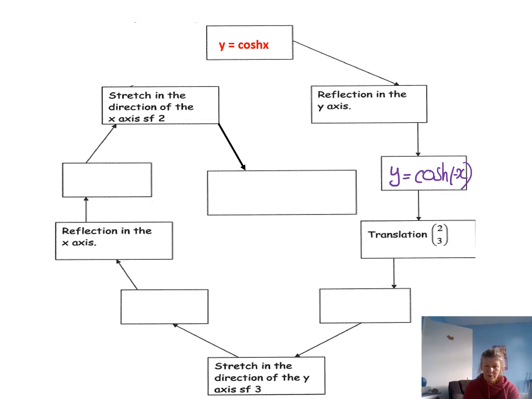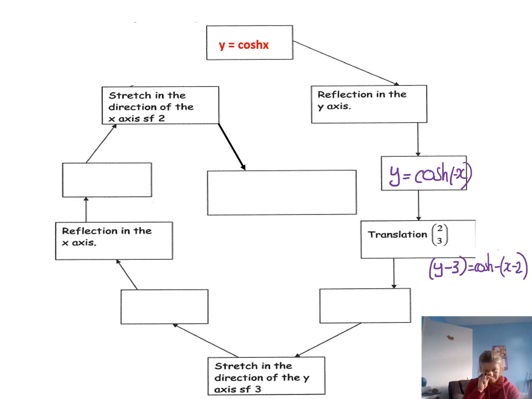So what would be next if I translate that by 2, 3? It's 2 in the x, and 3 in the y. So it becomes y take 3 equals cosh. Now we replace x. Now it's minus, so it's brackets x take 2.